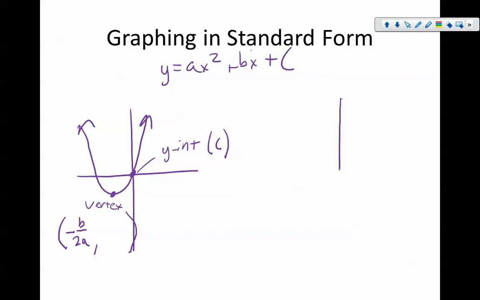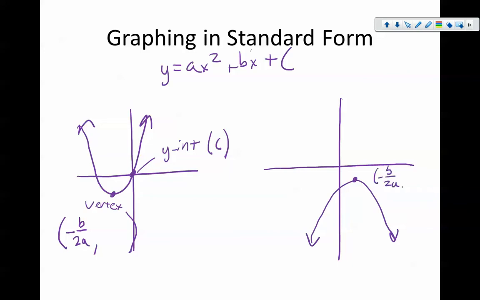Now we have those same important points if our parabola was concave down. We have a vertex here that can be found by taking -b over 2a for the x value. We have the y-intercept here, which can be found by finding the c value.